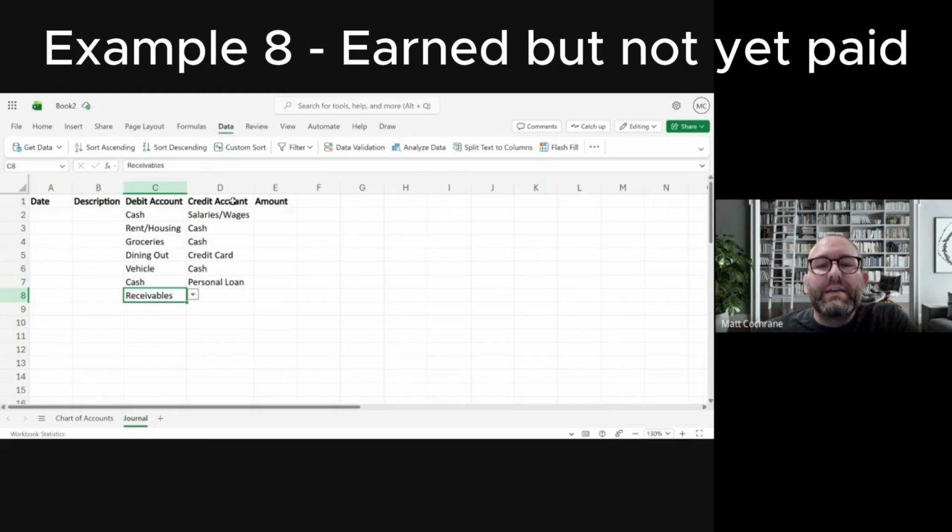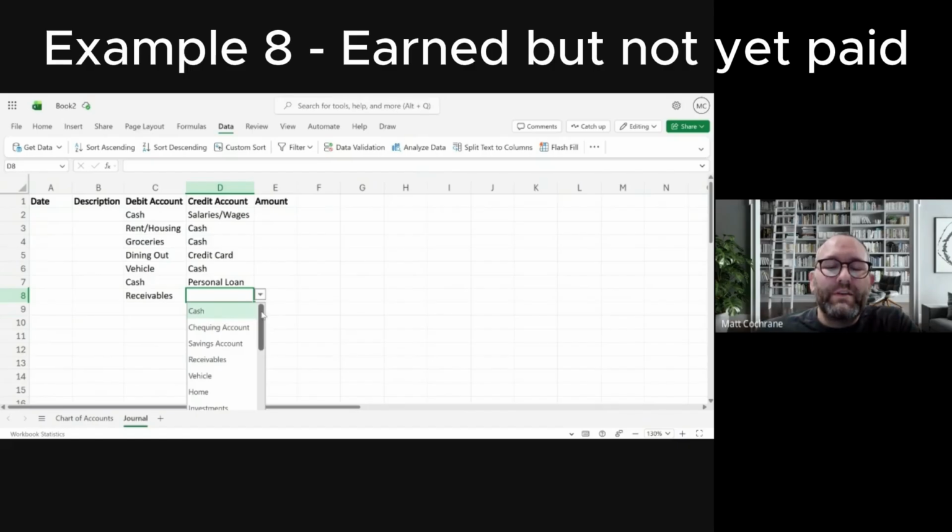So the other side is the credit. If we think through this, we've performed the work, so we've earned the income, even though no cash has been transferred from the buyer to you, the seller of the services. We still have to make a record of the transaction.